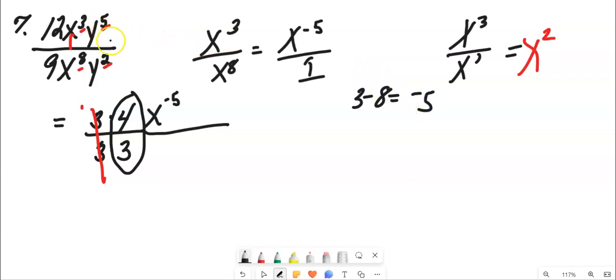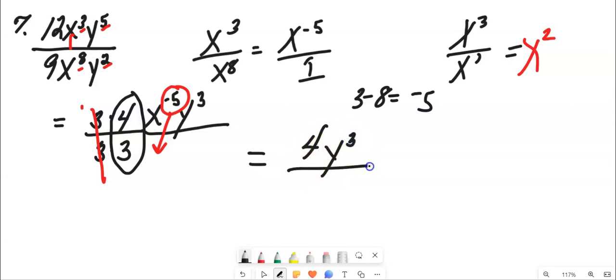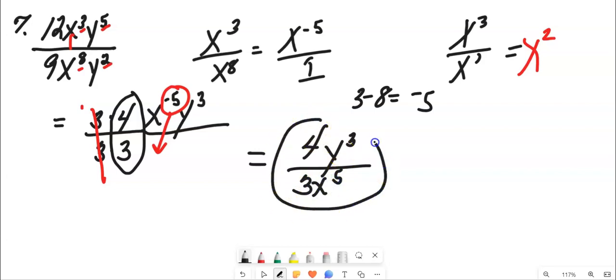And then over here we have 5 minus 2 for the y, which will give us 3. Now, we have a negative exponent. That means that has to move down here. So our final answer will be 4y cubed over 3x to the 5th power. And that's our final answer there.